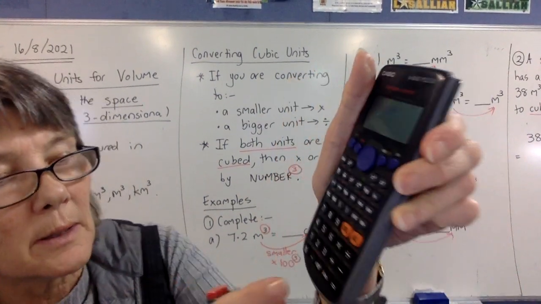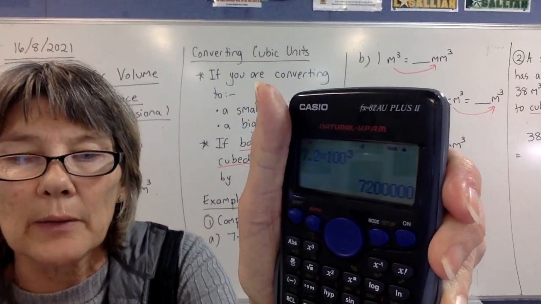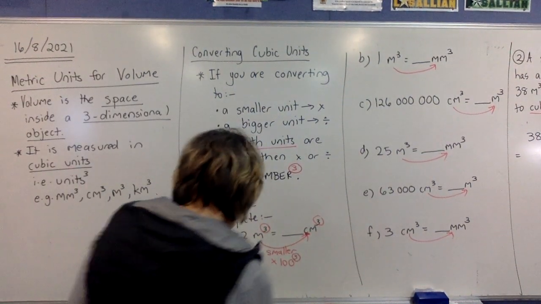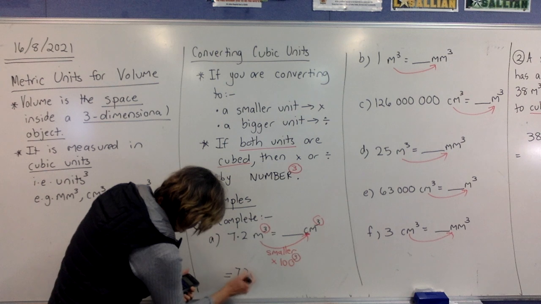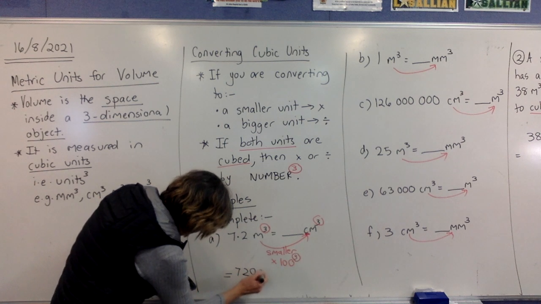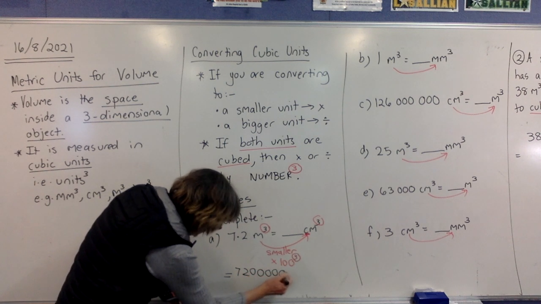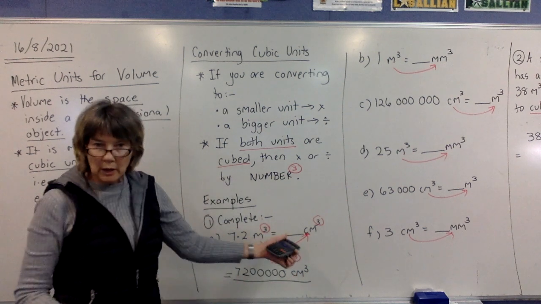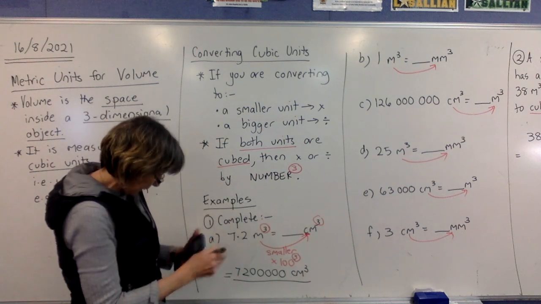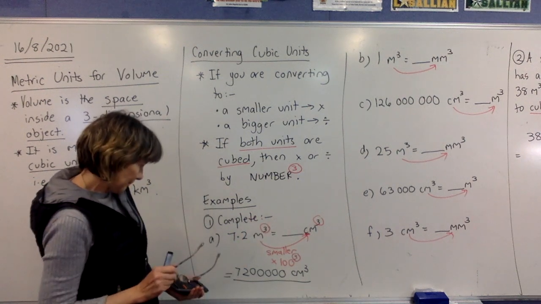Cubed. So then we press equals, and that's our answer. So we're going to write that down. Equals. And then we'll write centimetres cubed on the end, or you can go and put that number up the top there, but I don't think it's going to fit on that line.